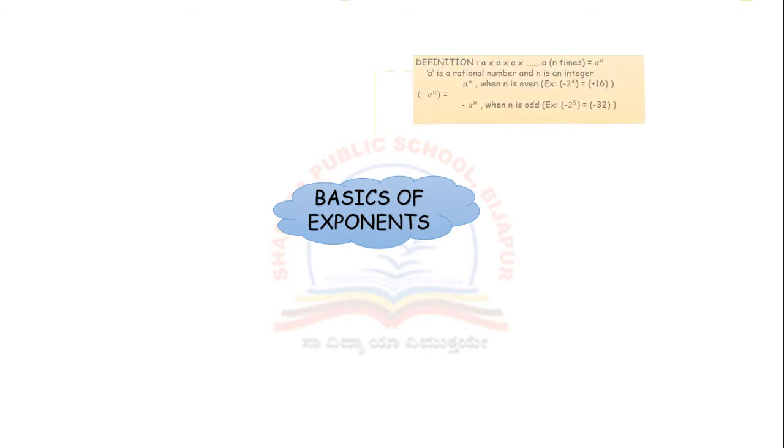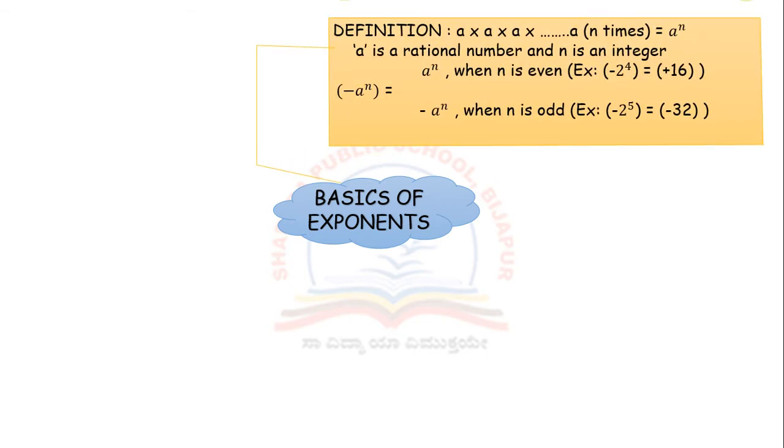We can express a into a n times as a to the power n, where a is a rational number and n is an integer. For any rational number a and integer n, minus a to the power n is equal to a to the power n when n is even.